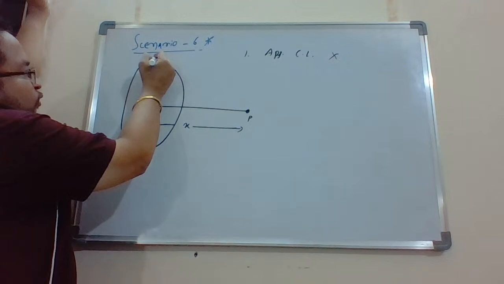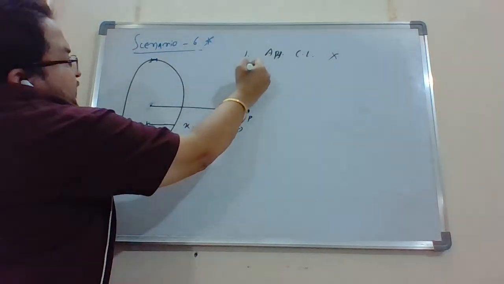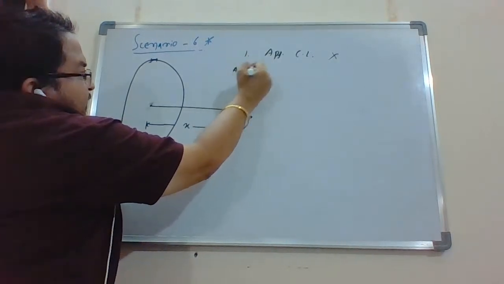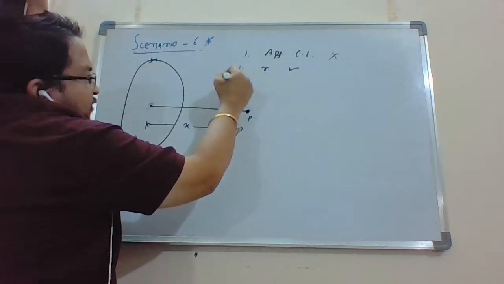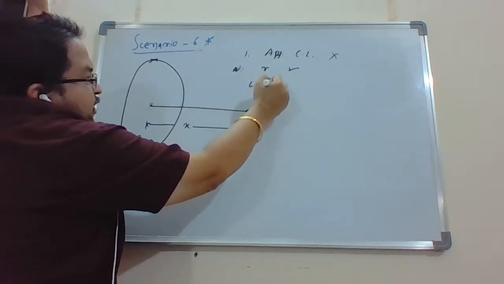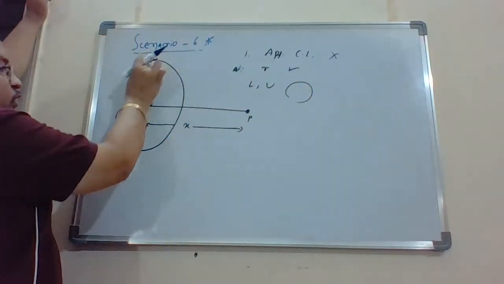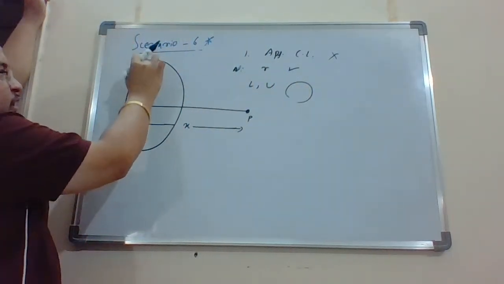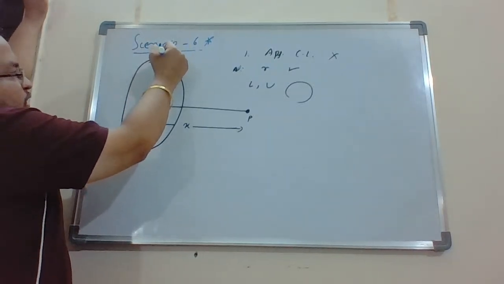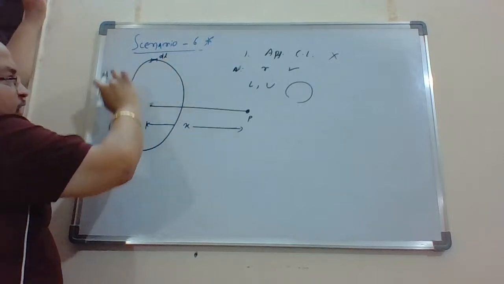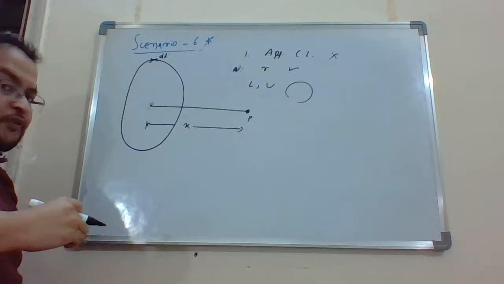I need to find an interval such that a, the distance is constant, and b, if I integrate from lower limit to upper limit, it should cover the entire body. So for that, I'm taking a small interval, say dl, on the periphery of this ring.